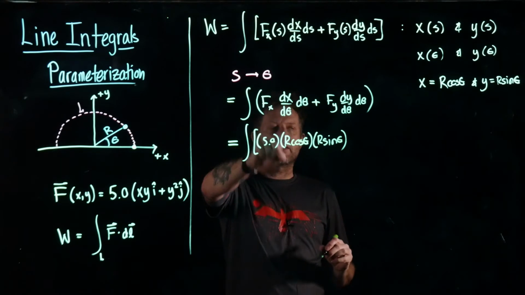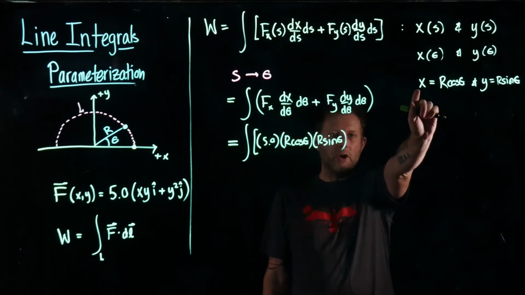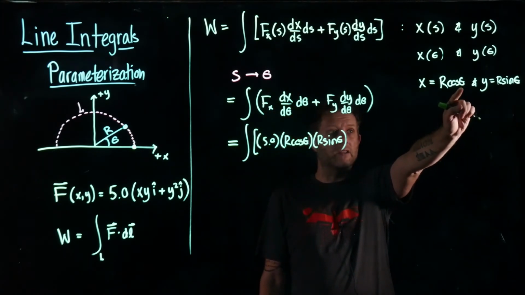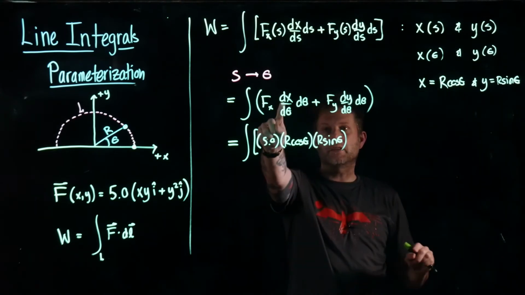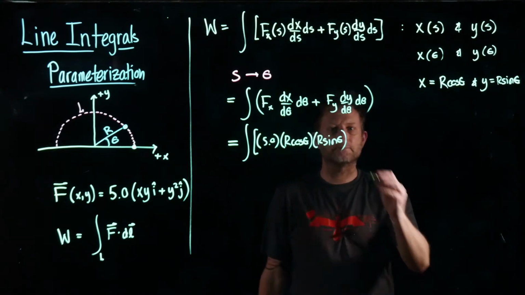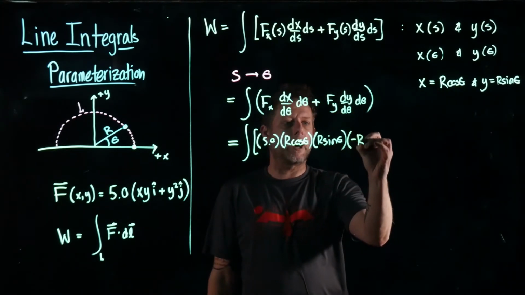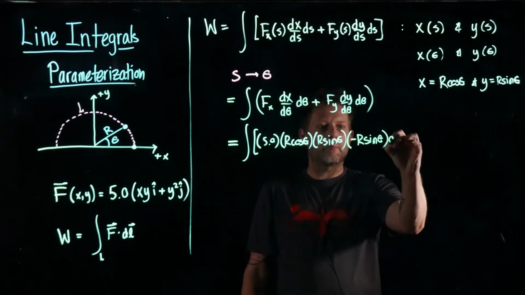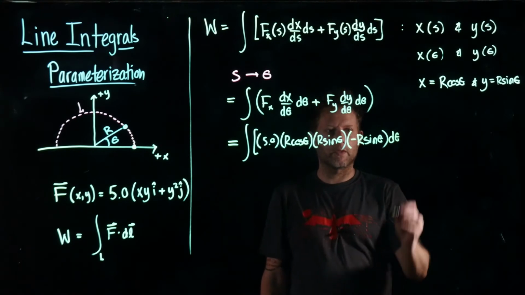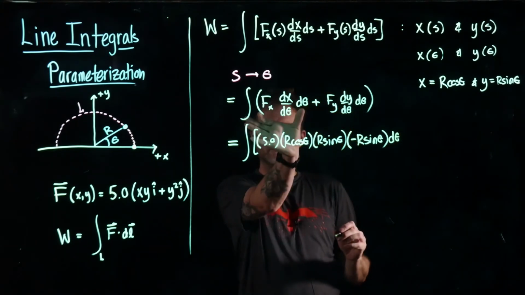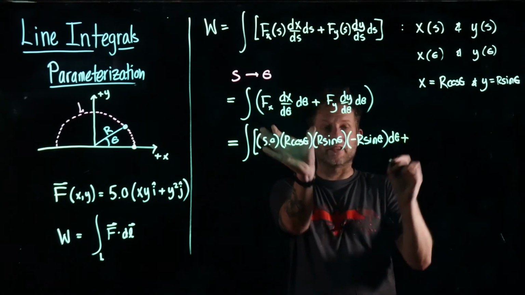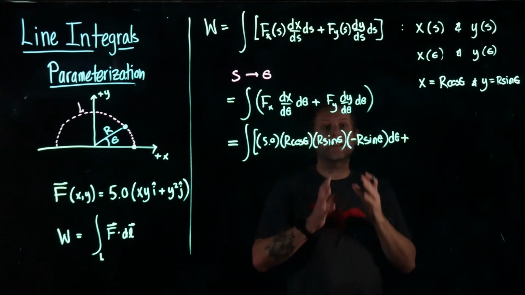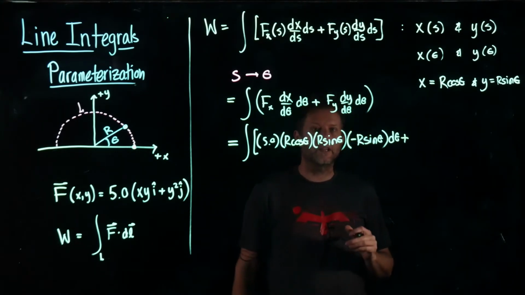Then we have the x d theta. Well, we know x and how it depends on theta, so we could take the derivative of x with respect to theta. They gave us a negative r sine theta. And then we multiply it by the differential. Okay. So that was our first term here. Yes, it's not pretty, but it does allow us to actually solve the integral.